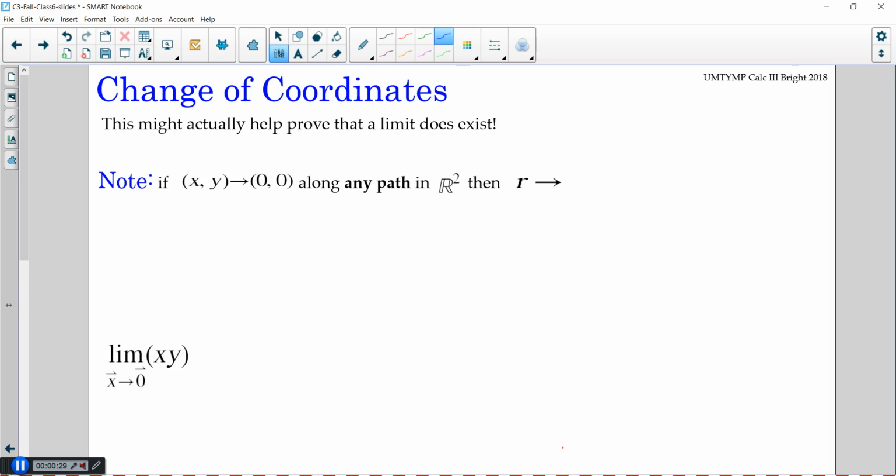Okay, one thing to keep in mind is that as we change the coordinate systems, we have to change the limits as well, right? So if we're, say, approaching that 0 vector in R2, then really the r value that we have is going to be approaching 0 from the right-hand side. We can't approach 0 from the left-hand side because we're zooming in towards that 0 vector, okay?